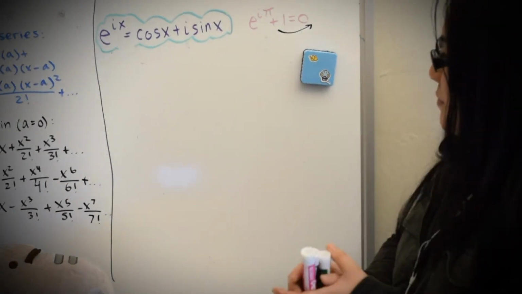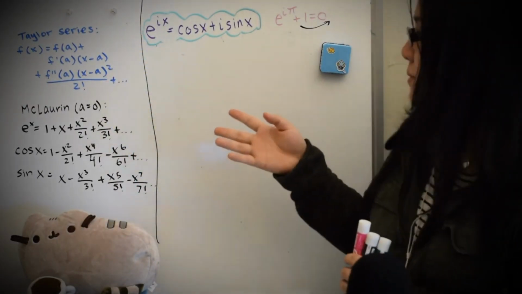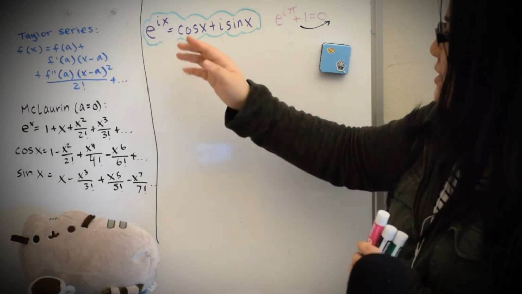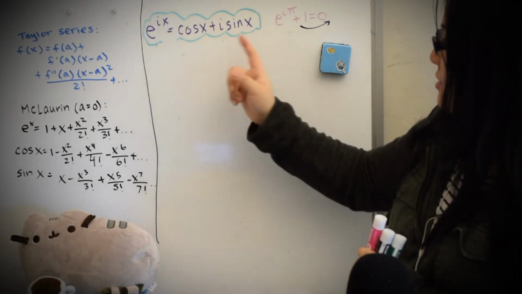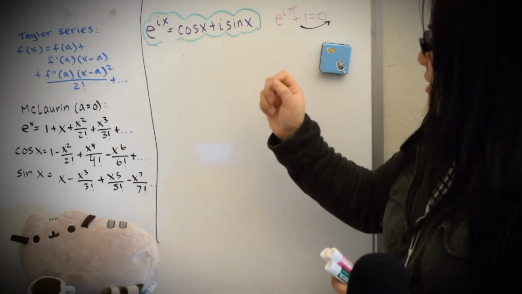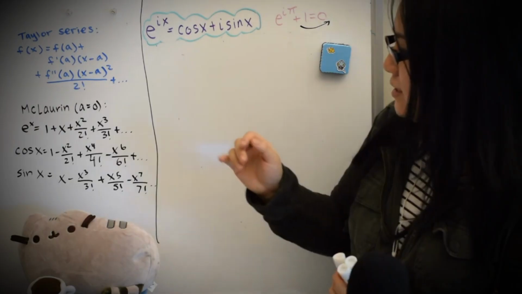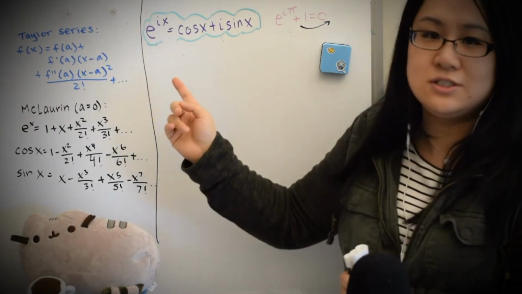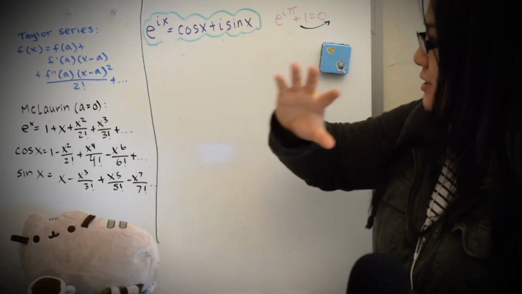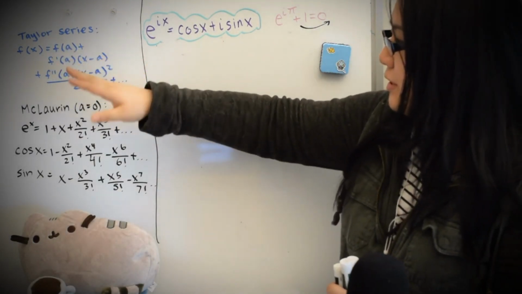So I wrote out the Taylor series already, so this is the first way. I'm going to expand this, and this. And so e to the ix, cosine x, and sine x. And with Taylor series, you can basically just expand a function around a point.